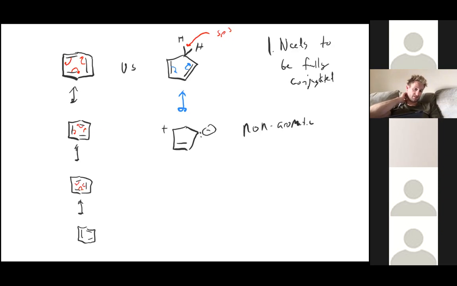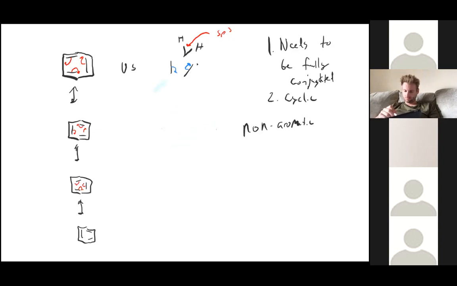So that brings us to the second thing: it needs to be cyclic. Something can be fully conjugated at every position. For instance, this here has 6 double bonds. Every single position has a pi orbital. But you don't have that cyclic system where you're constantly moving the electrons around forever.